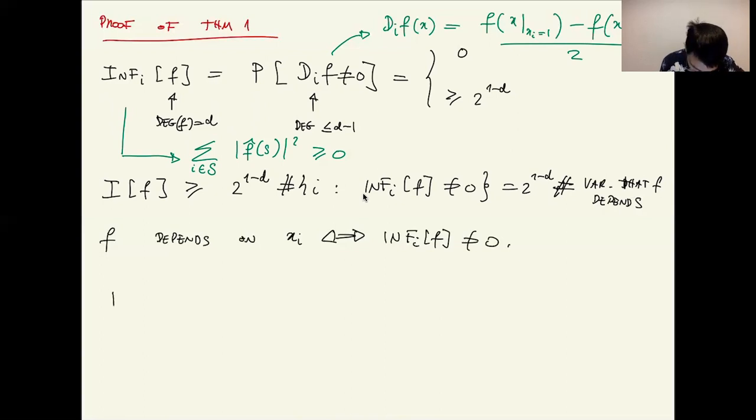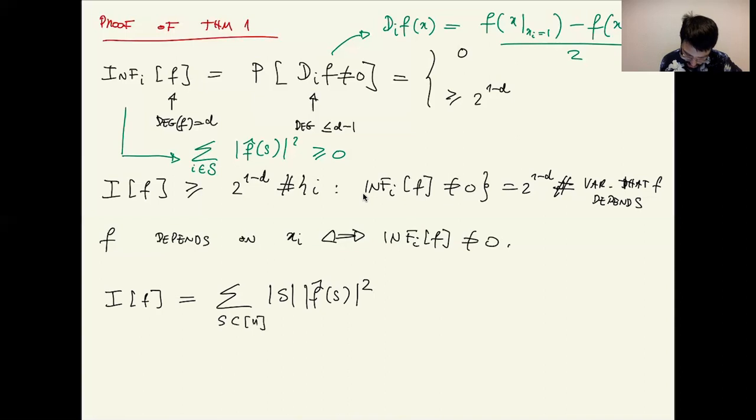But on the other hand, the influence, which is this sum over subsets, well, of course, I can only sum when the size of S is less or equal than the degree of f, because all the other guys are 0. So you can just bound this by d times the sum of everything.